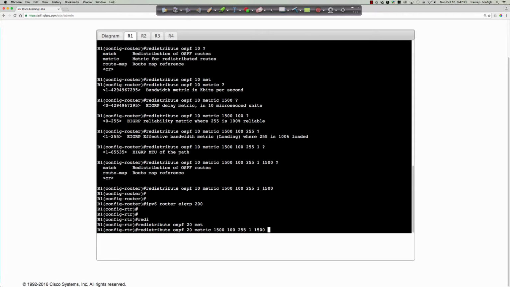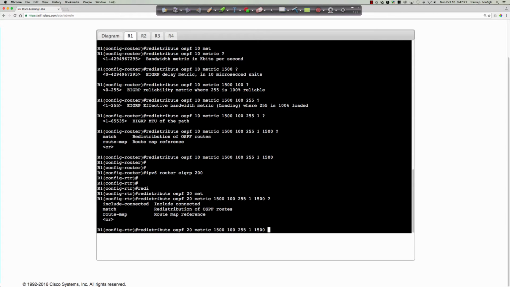Now, you'll notice that we see an option here that we didn't see before because we are doing IPv6 redistribution. And it's this argument right here, include connected. What include connected means is that the transit interfaces are to be included.